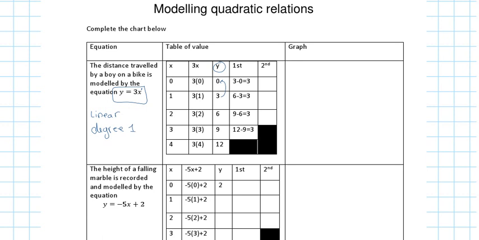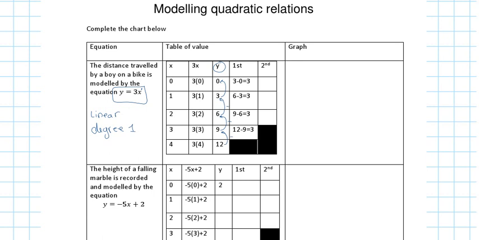Now I go to the next one, and I do 6 take away 3. So you always do the bottom minus the top. 6 take away 3, I get 3 again. Then bottom minus the top, 9 take away 6, 3. 12 take away 9, 3.